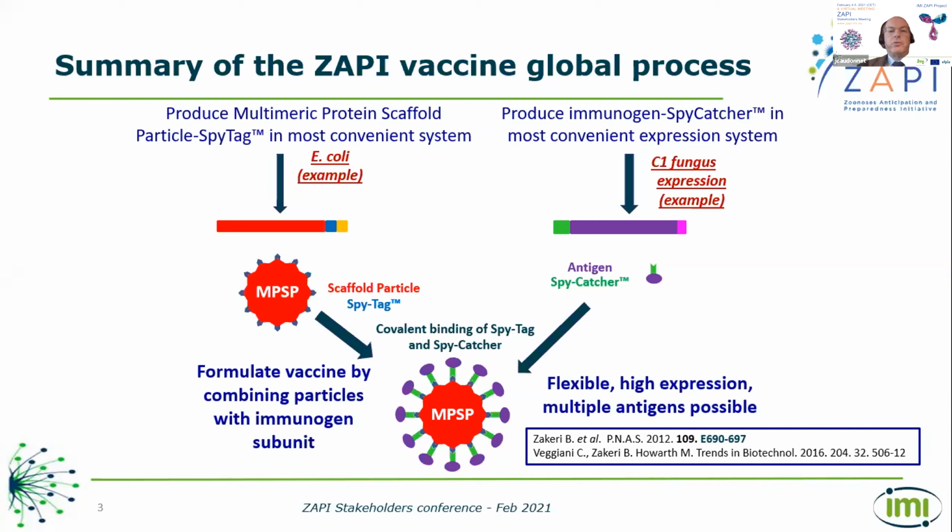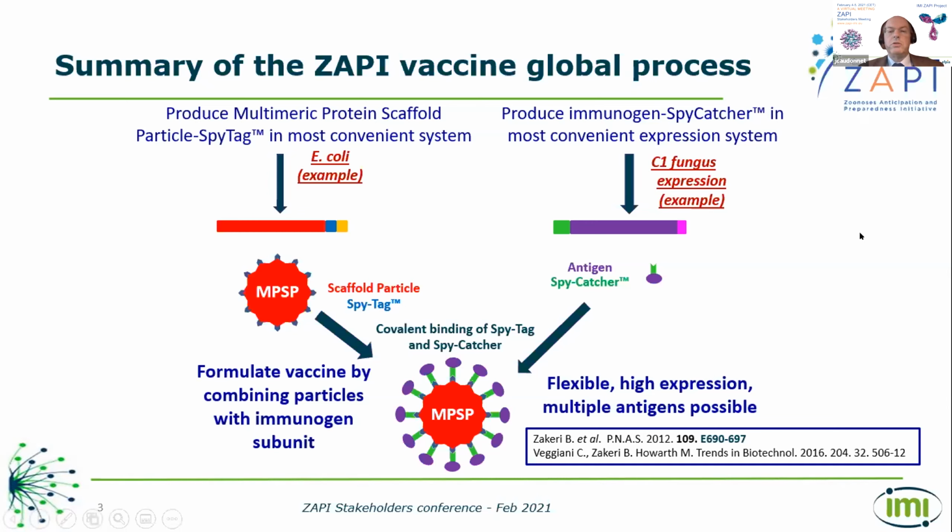So as you have understood, the ZAPI vaccine approach is based on a two-component system. The scaffold, MPSP, multimeric protein scaffold particle, which is expressed in E. coli right now, but could be expressed in another system later on. It is fused to one part of a superglue system, here SpyTag as an example, but it's flexible as you will see later.